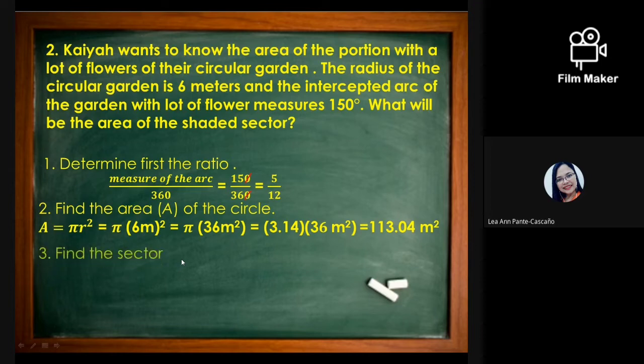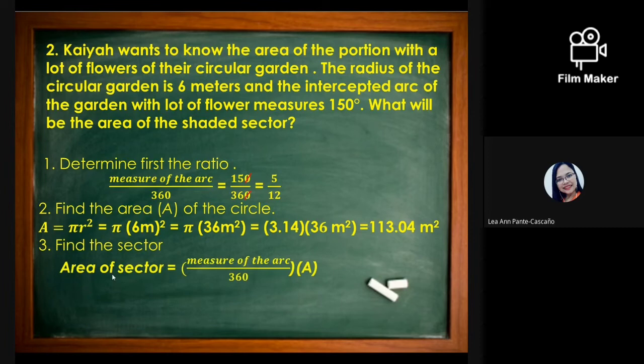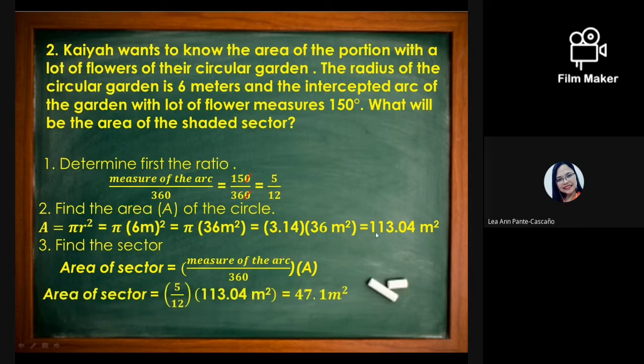Now, the third step is to find now the sector. To find the sector, we have area of sector is equal to the measure of the arc over 360, or this one, yung nasa step 1 natin, times the area of a circle. So, let's substitute. So, 5 over 12 times the area of a circle, which is 113.04 meters squared.